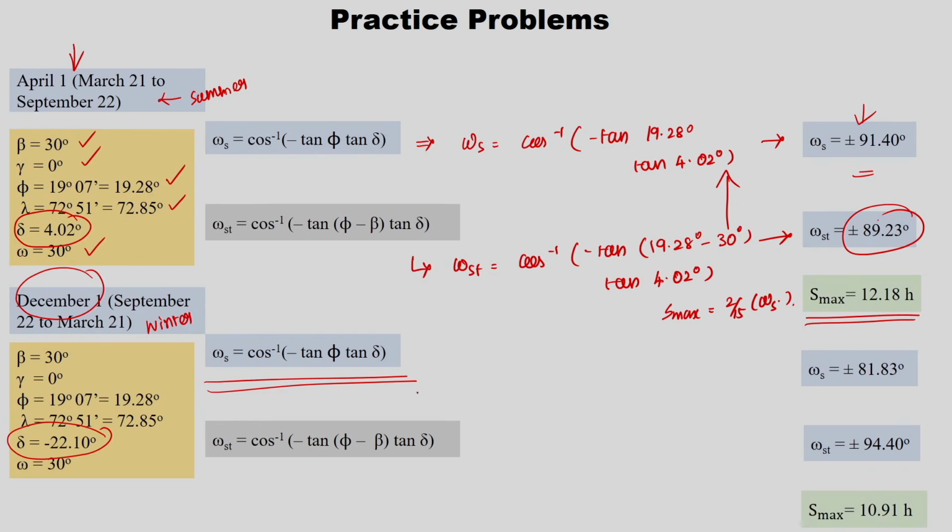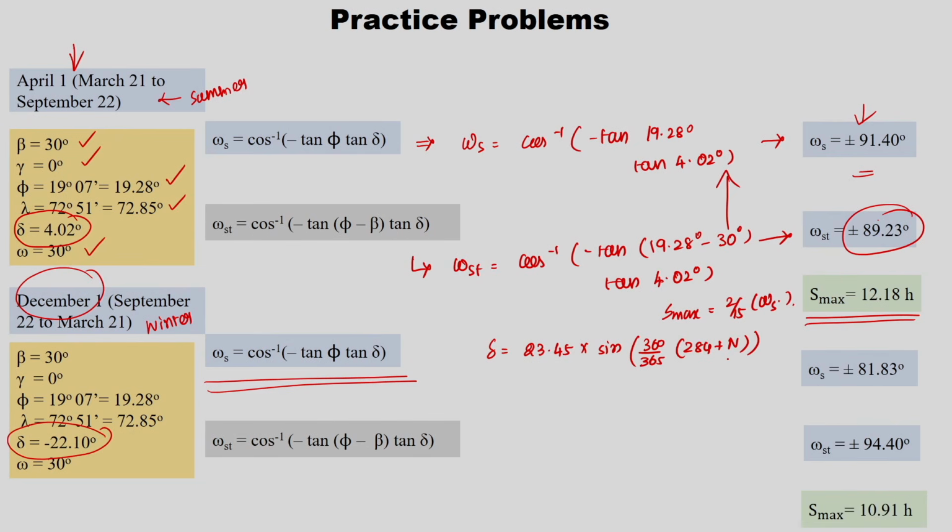Then for December 1st, we are supposed to first calculate the declination angle, which is 23.45 into sine of 360 upon 365 into 284 plus n.